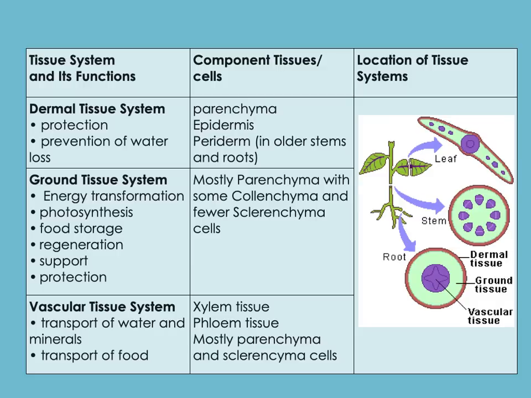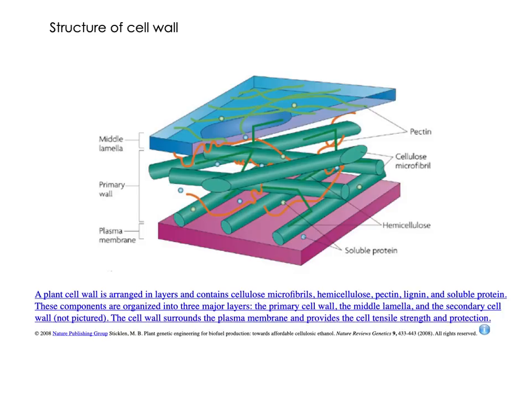So talking about the cell wall, look at the picture here. This is the structure of the cell wall. A cell wall is a structural layer surrounding some types of cells, just outside the cell membrane. It can be tough, flexible, and sometimes very rigid.